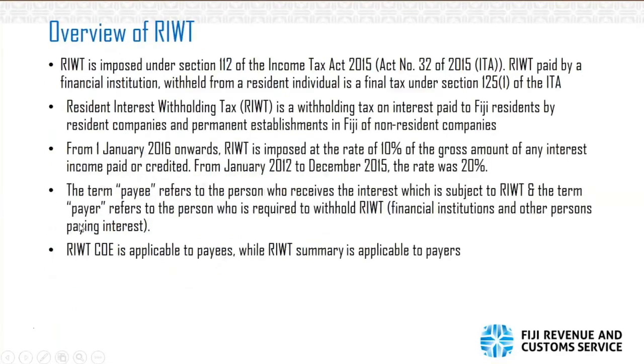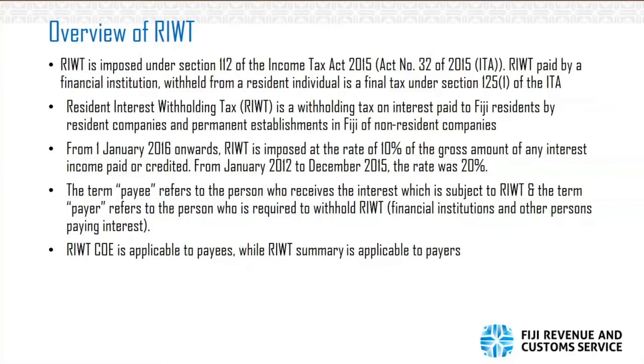The RIWT is imposed under Section 112 of the Income Tax Act. It's paid by the financial institution, withheld from the resident individual. This is effective from 1st January 2016. The RIWT is imposed at the rate of 10% on the gross amount of interest.